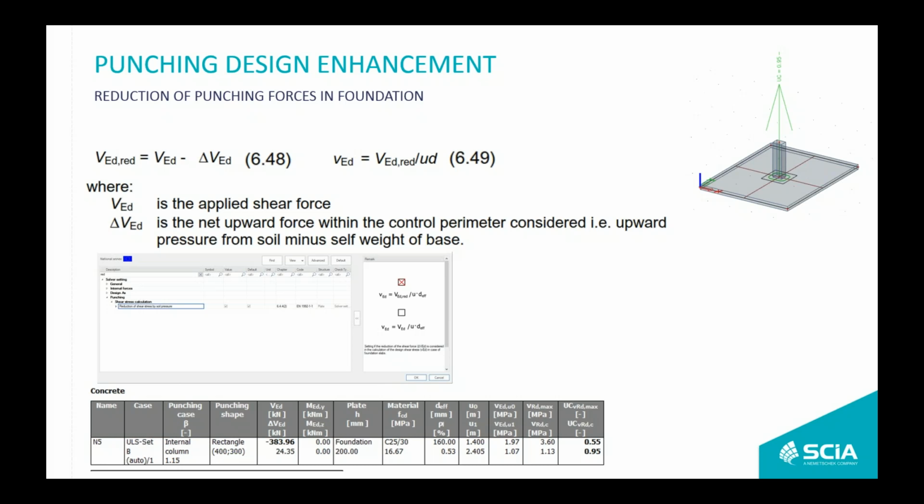In version 19.0, no reduction was possible, but in version 19.1, the reduction is based on the control perimeter, and the area that falls within the respective control perimeter is then taken care of as delta VED, which is the reduction of the punching shear force, and this reduction is also displayed in the output of the check.